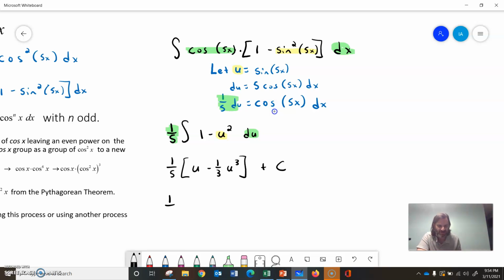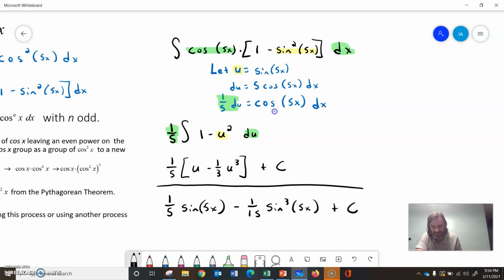So 1/5 sine of 5x minus 1/15 sine cubed of 5x plus c. So barring any mistakes, we have got the integral.